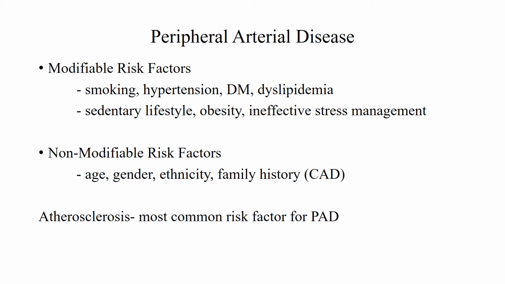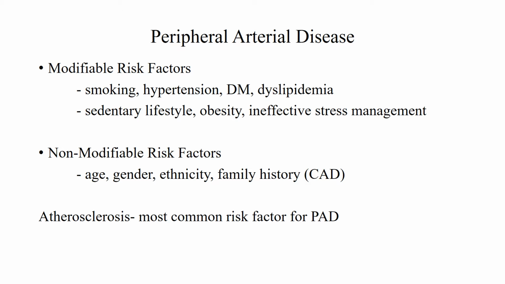We can certainly change or alter that, obesity, and ineffective stress management. The non-modifiable risk factors, or risk factors that we cannot change, are our age, gender, ethnicity, and family history, especially family history of coronary artery disease.